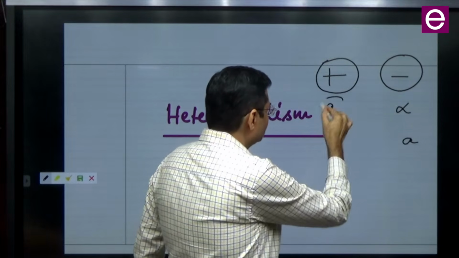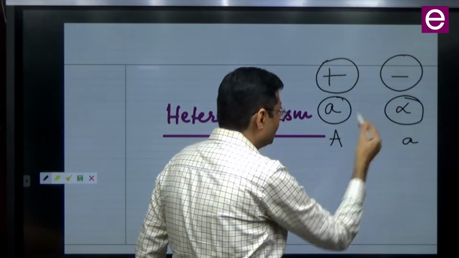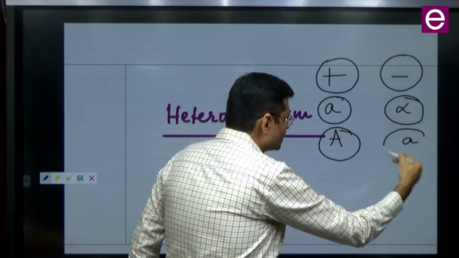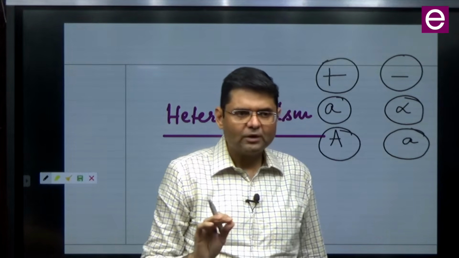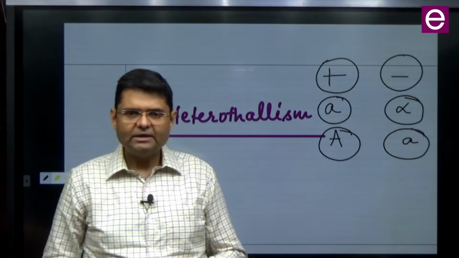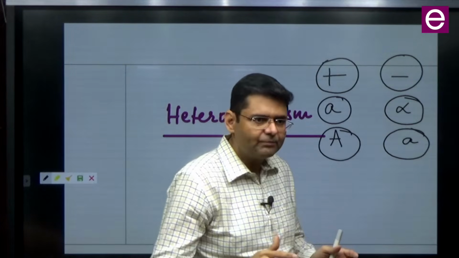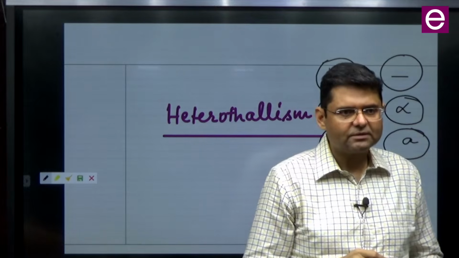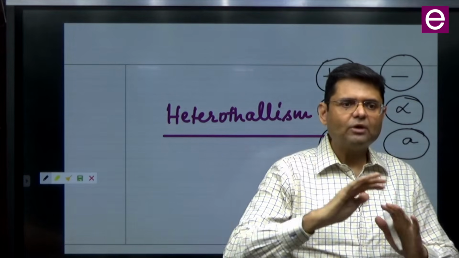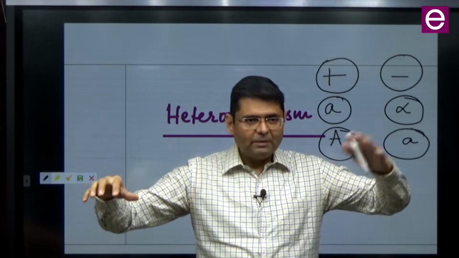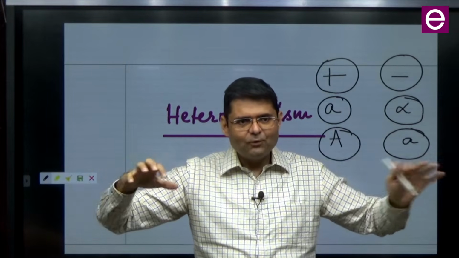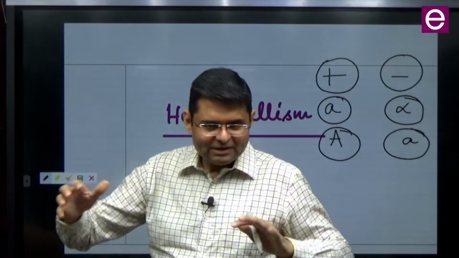Similarly, mat A, mat alpha, Neurospora may be mat A and mat small a, and so on and so forth. So if heterothallism is controlled by a single gene, there will be two mating types, and this is called bipolar heterothallism. Bipolar, why? Because there are two poles: plus pole, minus pole, A pole, alpha pole, capital A, small a.